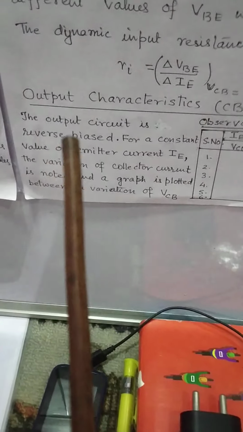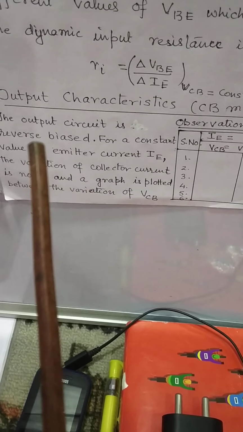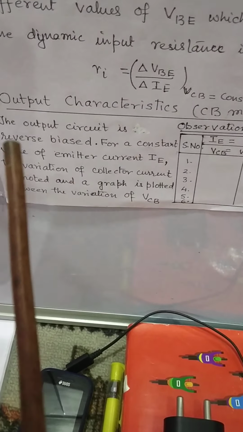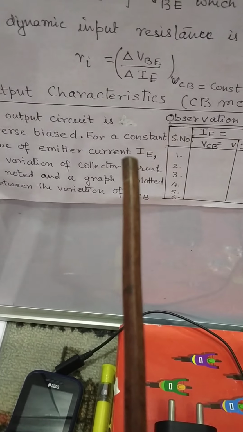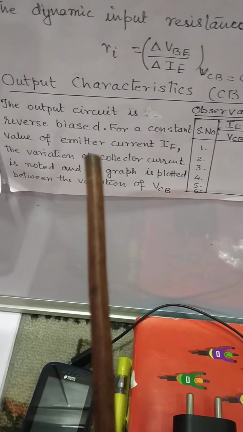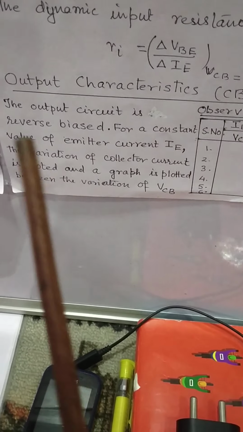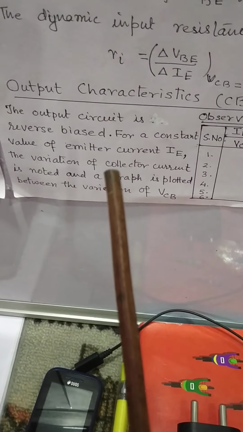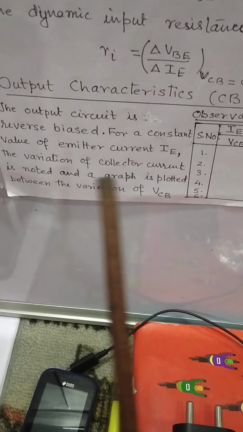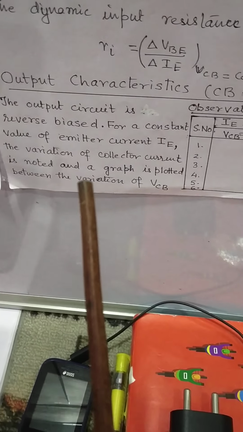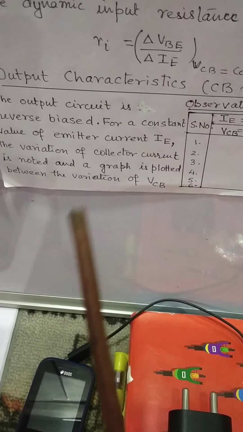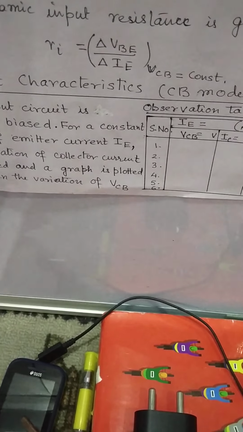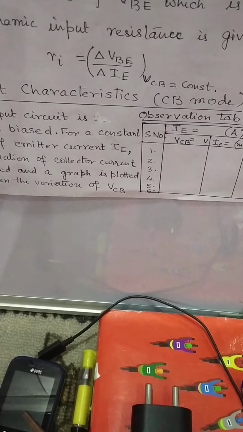Now the output circuit is reverse biased for a constant value of emitter current IE. The variation of collector current is noted, and a graph is plotted between ICB and VCB.